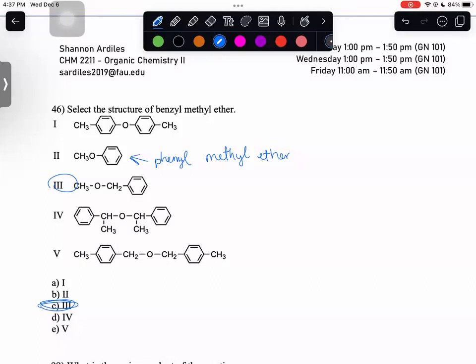Maybe ditoluene ether, not sure. It was a benzene connected to an ether only. That was anisole.